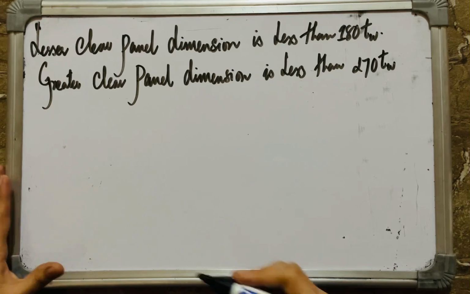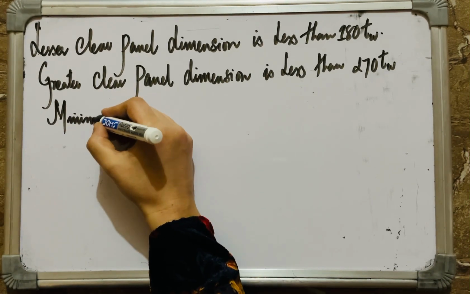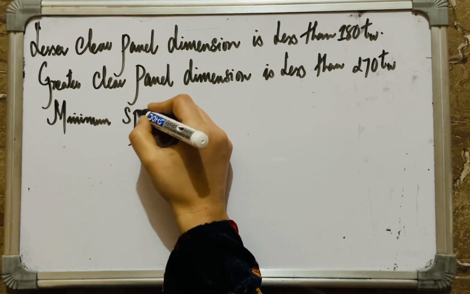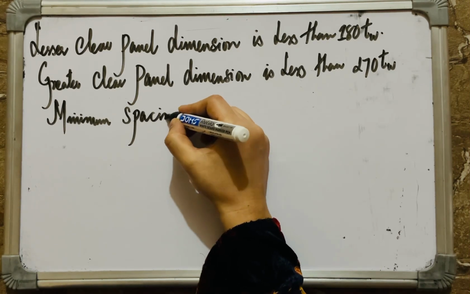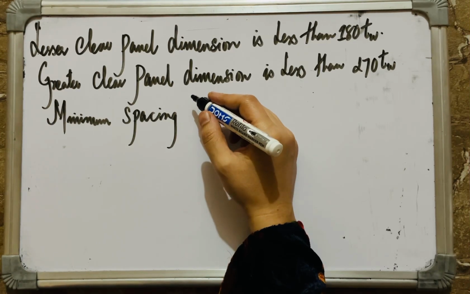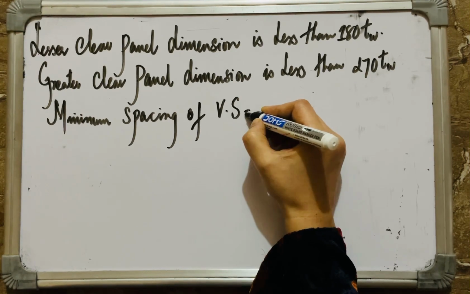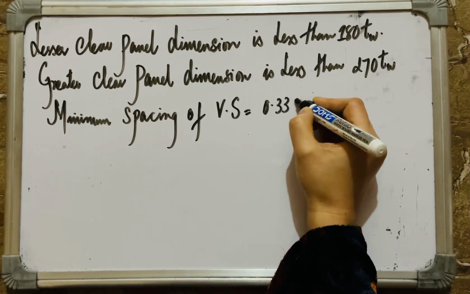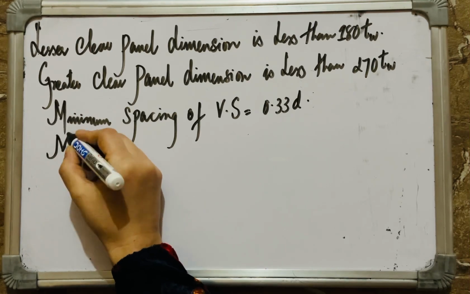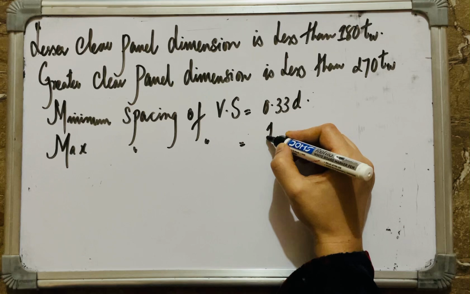And as already discussed, minimum spacing of vertical stiffeners is how much? 0.33 times the depth of the web. Minimum spacing of vertical stiffener is 0.33d, and maximum spacing of vertical stiffener, how much? 1.5d.